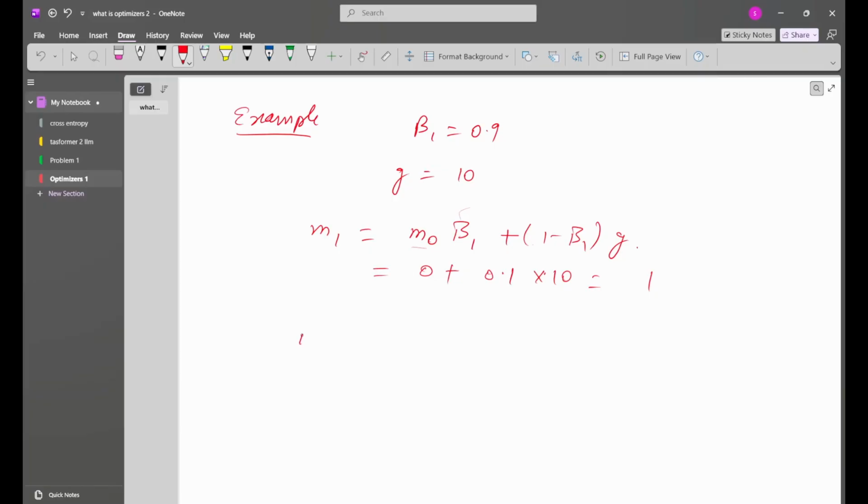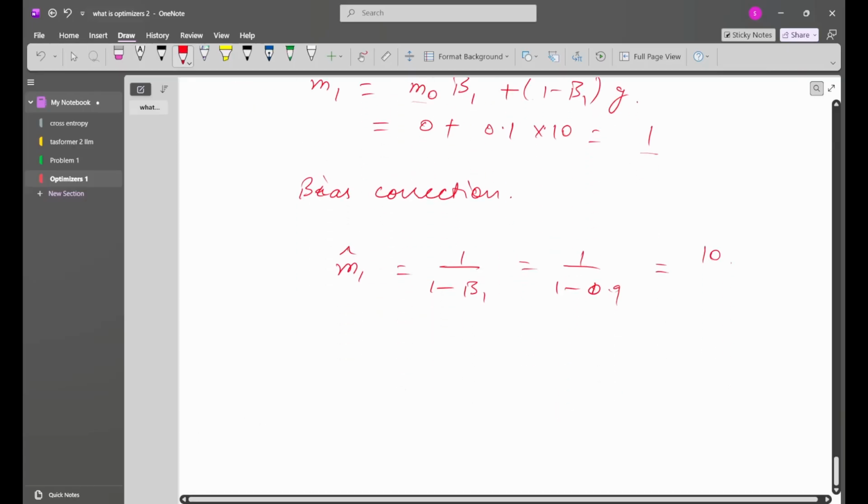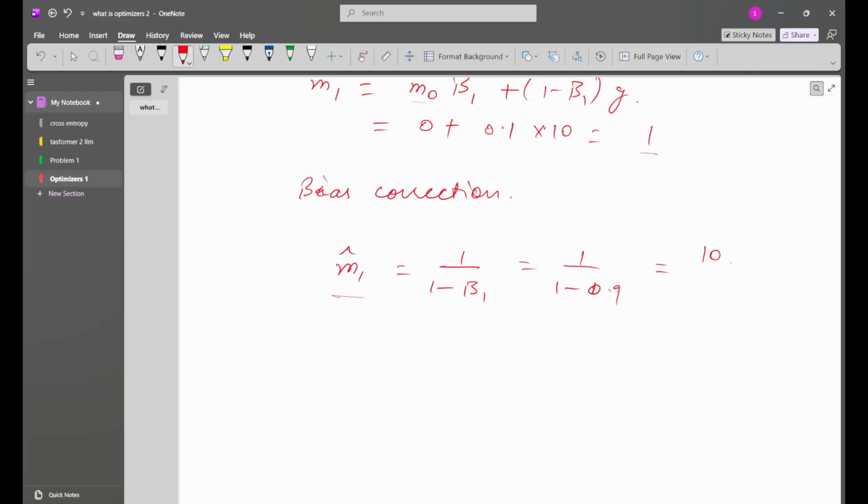Now bias correction: m1 cap equals m1 upon 1 minus beta_1, so 1 upon 1 minus 0.9, which is equal to 10 again. Now you can see that using this bias correction, at the start we get the value of m1 cap equal to the true gradient.